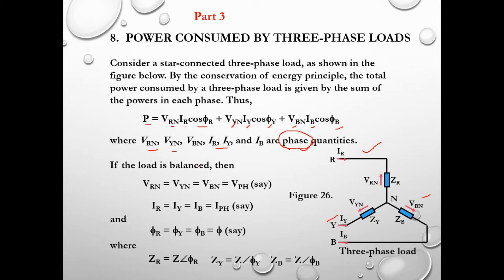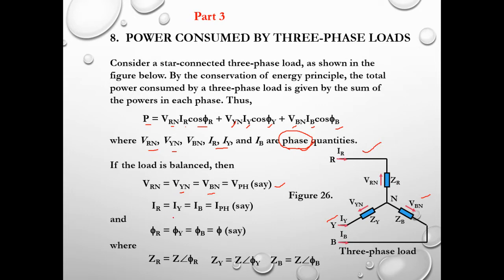If the load is balanced, then VRN is equal to VYN, equal to VBN, equal to V phase. This is just an assumption, which we have seen in the earlier topic of this course.